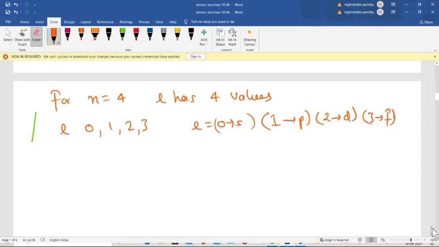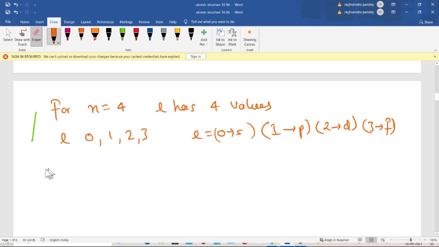Now the number of values of m is equal to 2L plus 1. So for s, m is equal to 0, that is 1 value, because when you put 0 in place of L we get 1. For p, m has 3 values: plus 1, 0, minus 1.